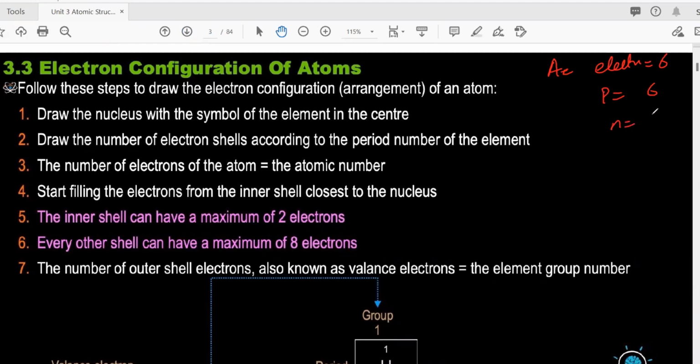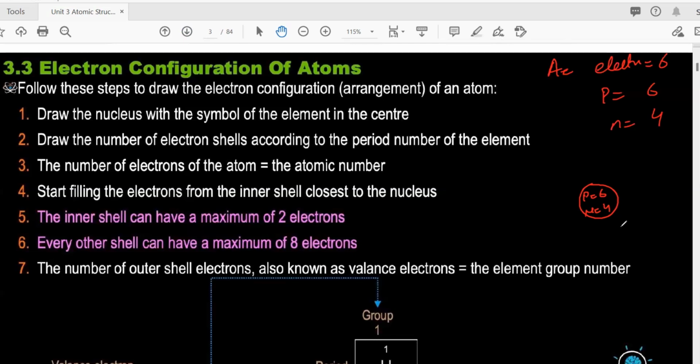How many neutrons does it have? Let's say 4. So I will say, draw its structure. First of all, I will draw the nucleus. This is the nucleus, the center. So I will write here protons are 6 and neutrons are 4, because they are always inside the nucleus.